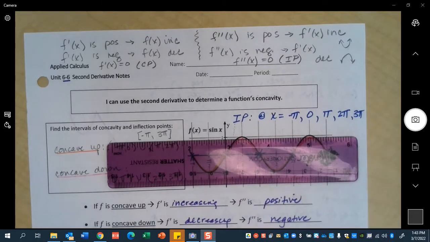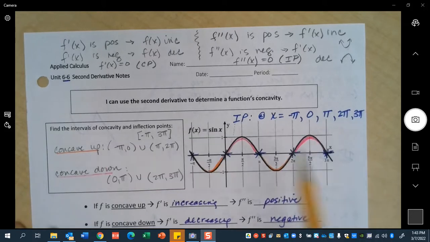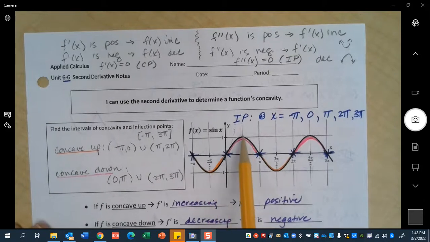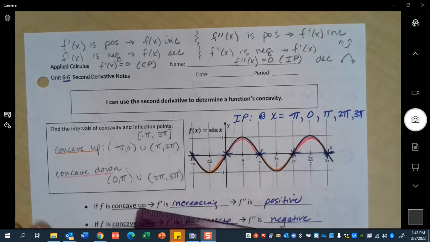I switch from being up like a cup to being down like a frown. And that's where that bend, that change happens in my direction. Does that help?